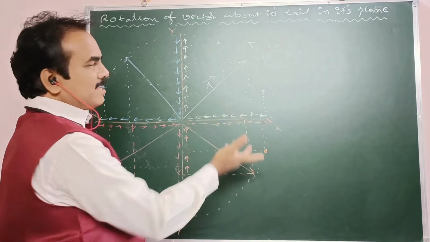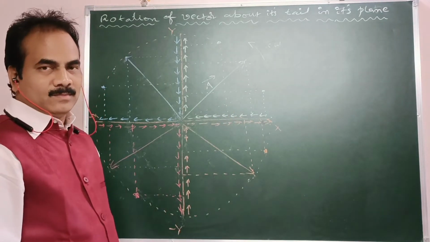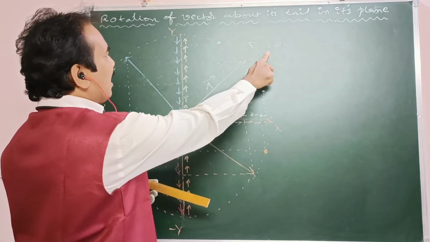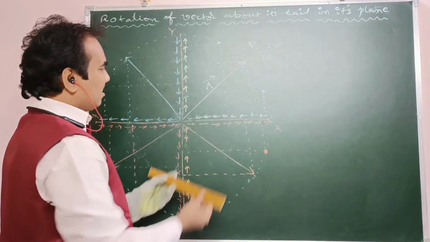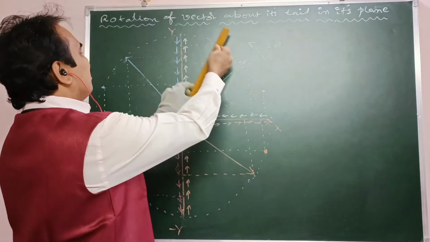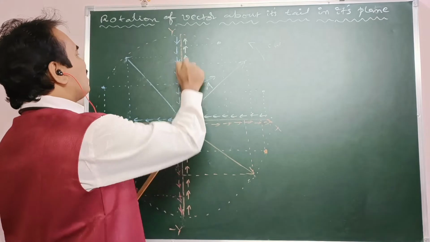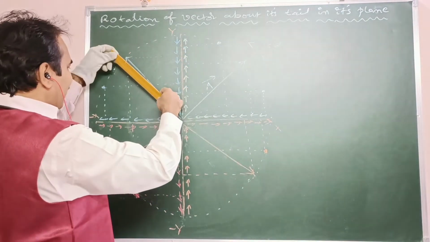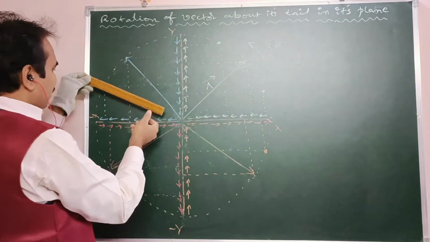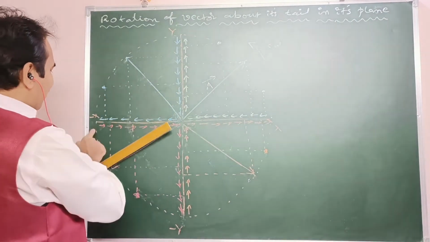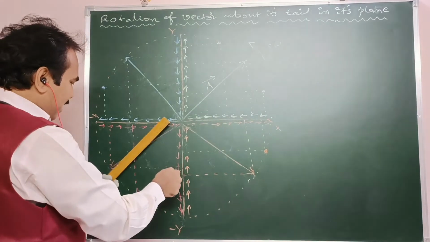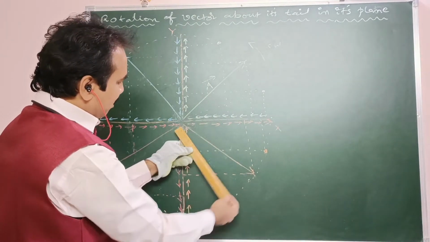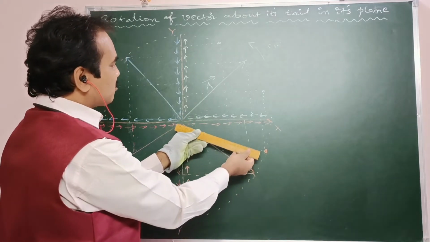One component may decrease, other component may increase. For example, as far as anti-clockwise sense is concerned, in the first quadrant, x coordinate decreases, y coordinate increases. In the second quadrant, y coordinate decreases, x coordinate increases. In the third quadrant, x coordinate again decreases, y coordinate again increases. In the fourth quadrant, what happens? Y coordinate decreases, x coordinate increases.